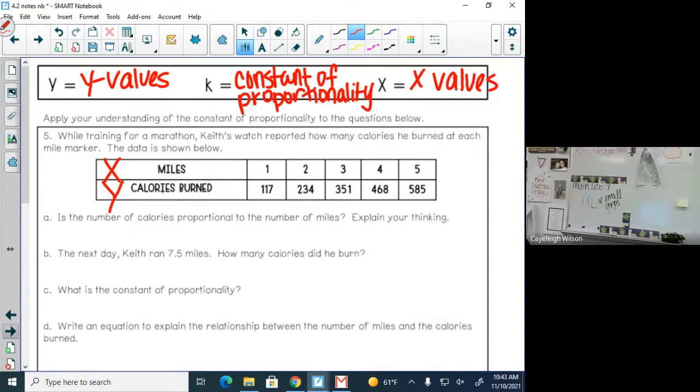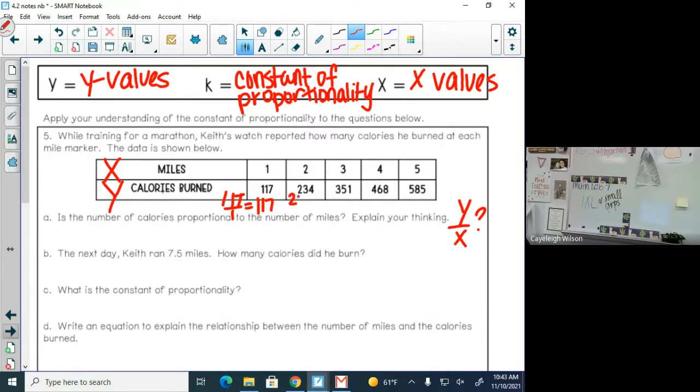So it wants to know in part A, is the number of calories proportional to the number of miles? So they want to know, are all of my Y divided by X's the same? So you can just use your calculator for this, okay? If you have your calculator, you're going to take Y divided by X. So I'm going to take 117 divided by 1, and I get 117.